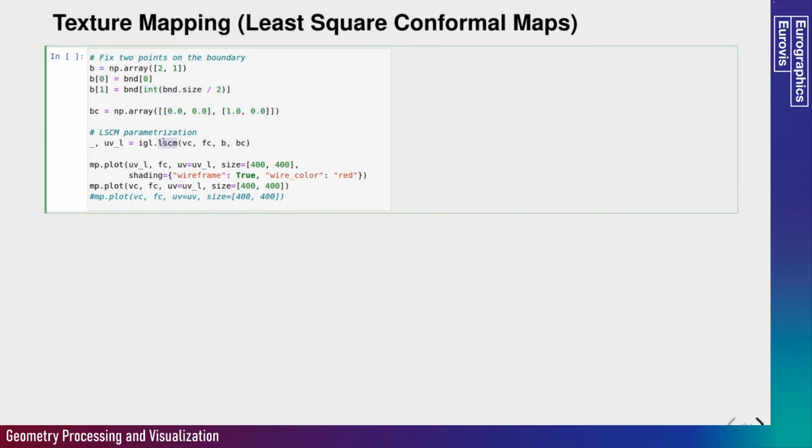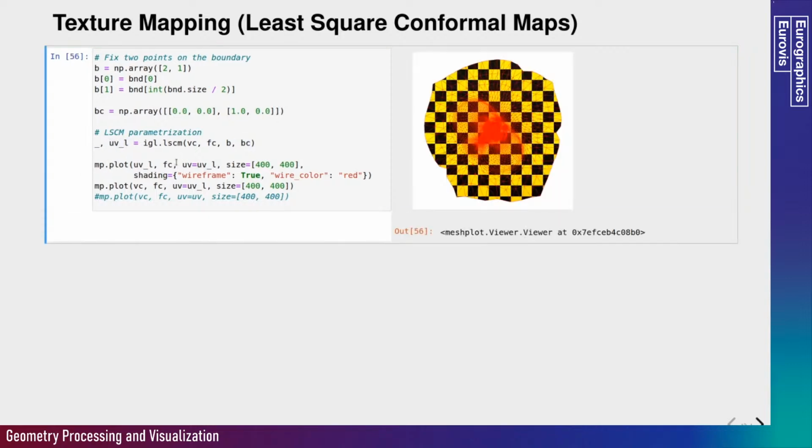Once we fix these boundary conditions, we can call the function LSCM. We hand in the vertex coordinates, the faces, the boundary indices, as well as the boundary conditions or boundary coordinates. After calling the function, we get back our UV map, which we can visualize as we've seen before.